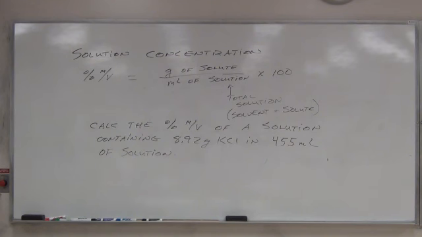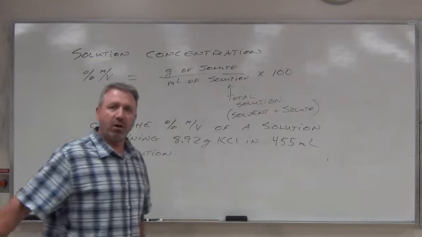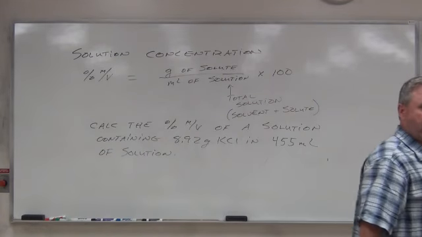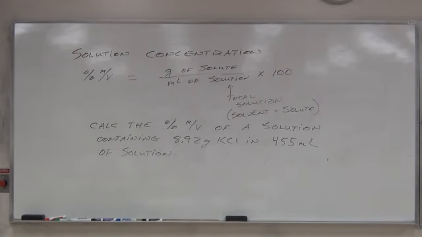They're going to be straightforward. You're going to know which number goes in the top versus which one goes in the bottom, because you can let your units help you out.